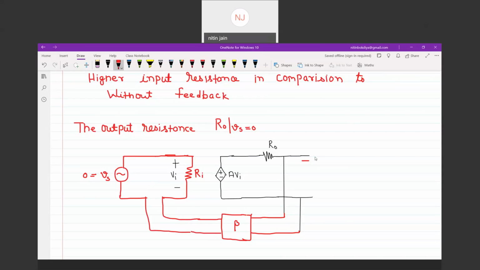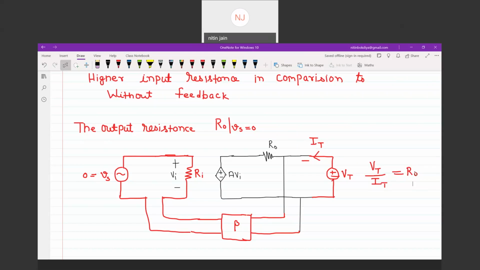Now we will apply one test source to this circuit, and this test source will draw current I test. So what is output resistance? V test divided by I test is equivalent to R out.